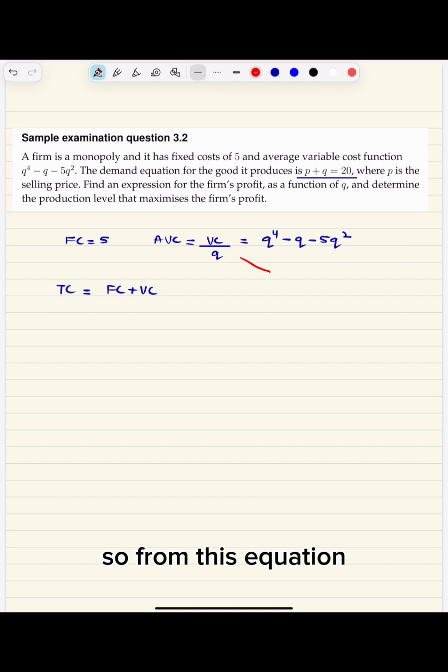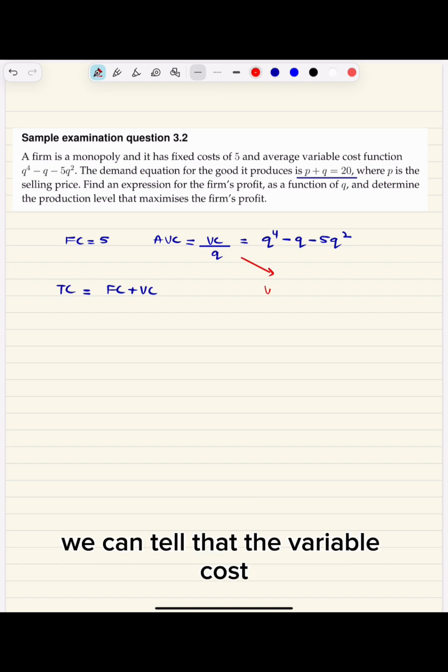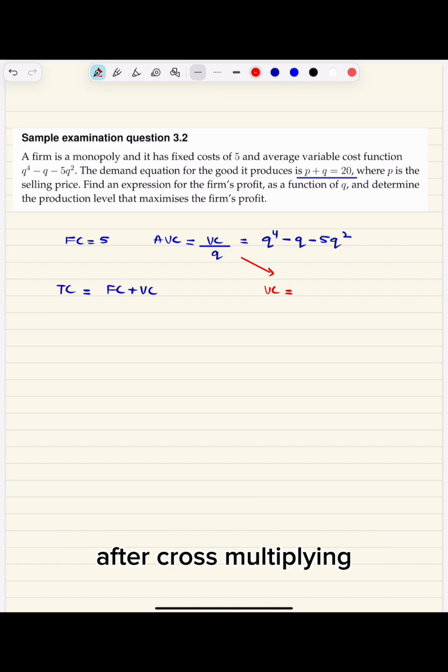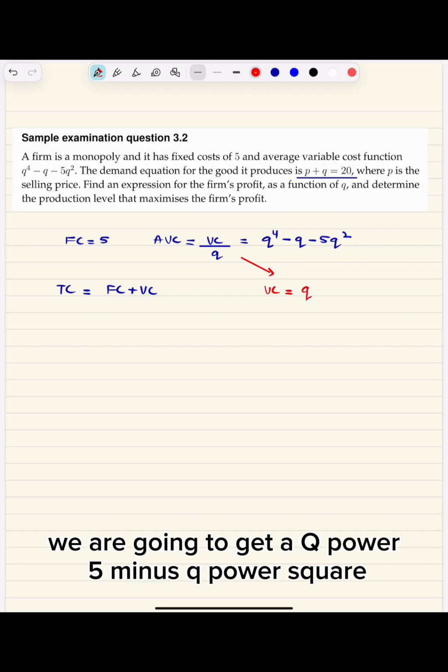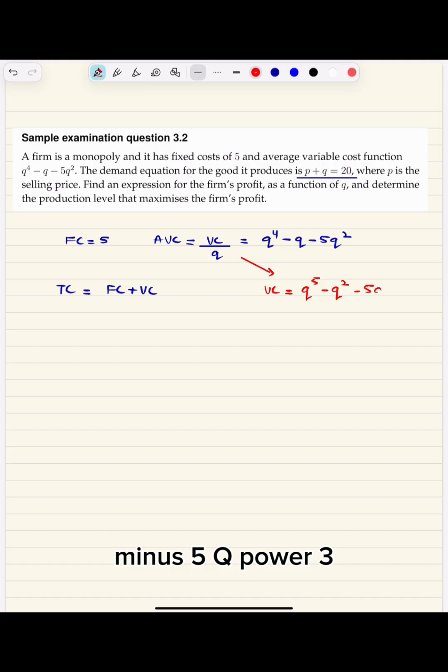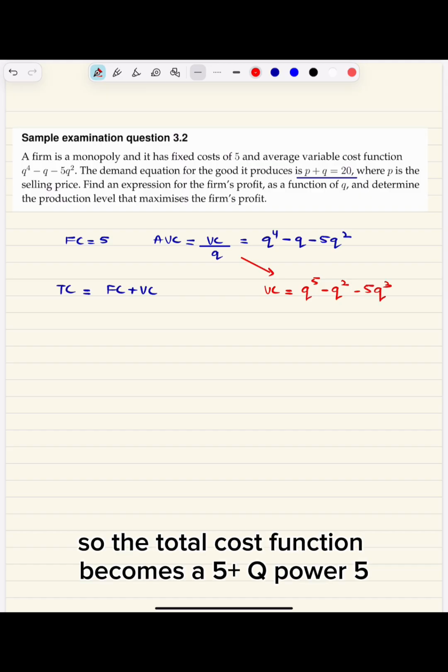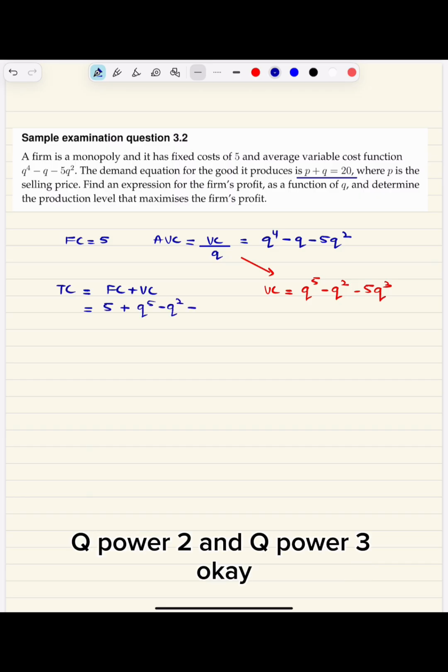So from this equation, after cross multiplying, we are going to get variable cost as Q to the power 5 minus Q squared minus 5Q cubed. So the total cost function becomes 5 plus Q to the power 5, Q squared and Q cubed.